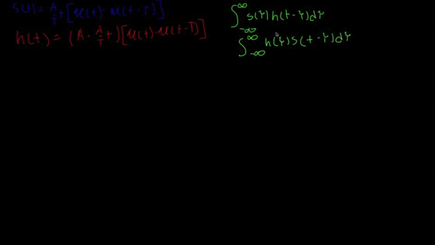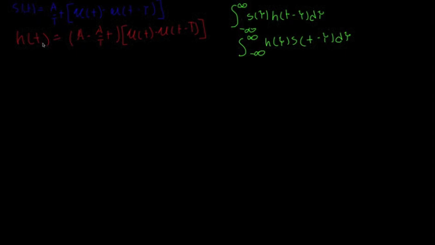Since we're going to be substituting this t minus tau into either s of t or h of t, we would prefer to substitute it into the equation that is the least complicated looking.